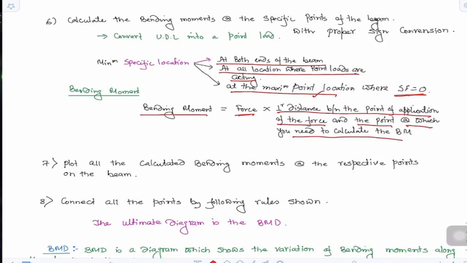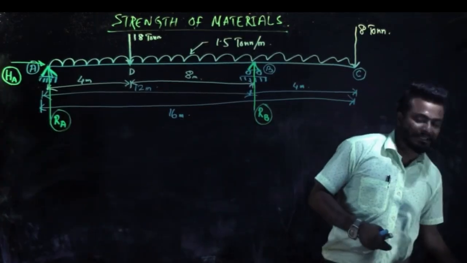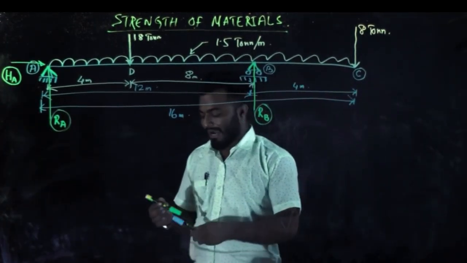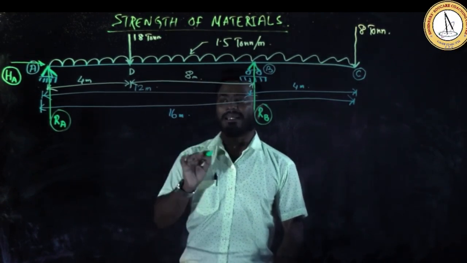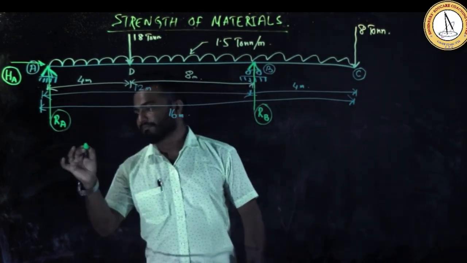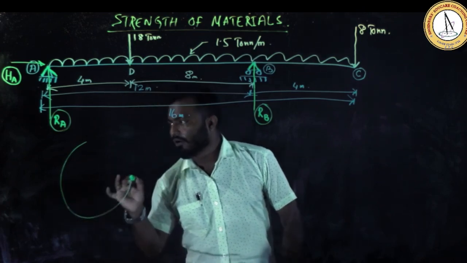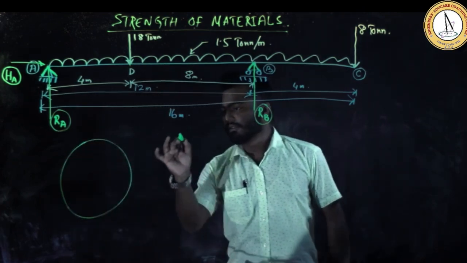I have shown you under different kinds of load what will be the shape of bending moment as well as shear force, so here you need to follow those rules. Now let's see at the board what sign convention we need to follow while connecting the different bending moments at the different locations of the beam. Here I follow this rule.